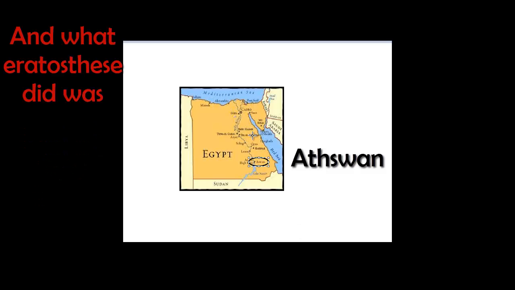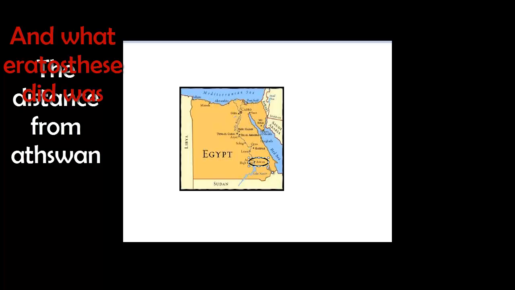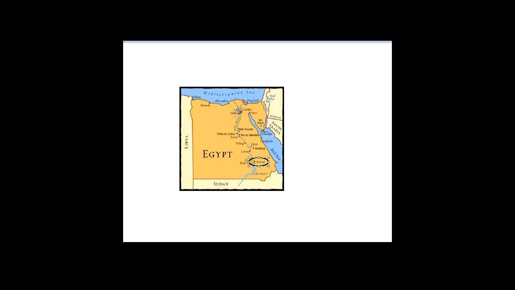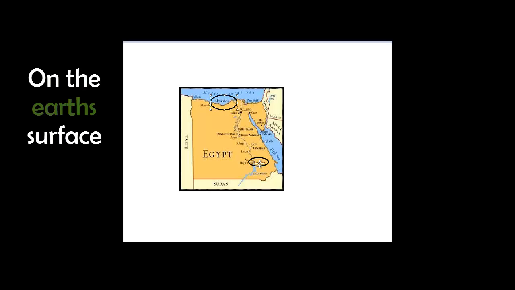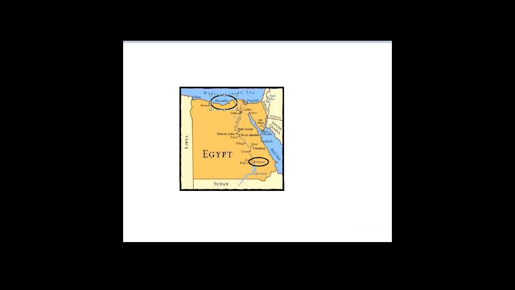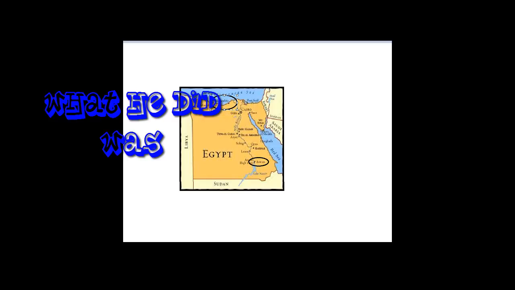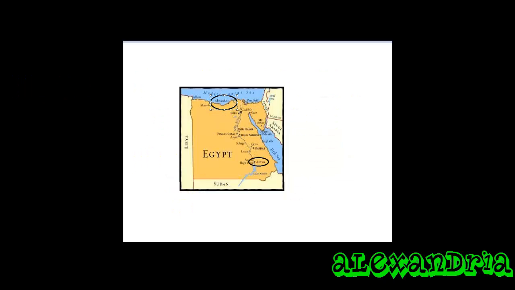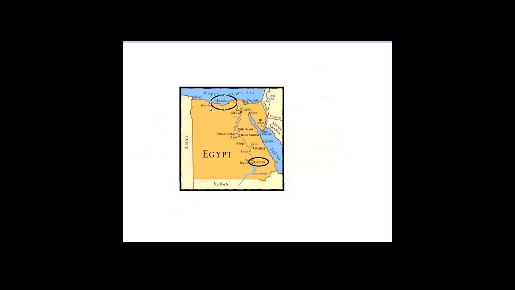And what Eratosthenes did is he knew that the distance from Aswan to Alexandria up here is 23.5 degrees on the Earth's surface. So, using that, since he knew that 23.5 degrees was the north latitude from Alexandria to Aswan.